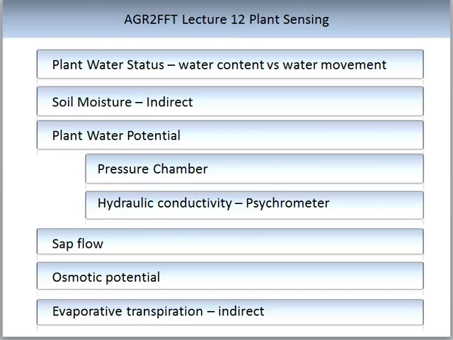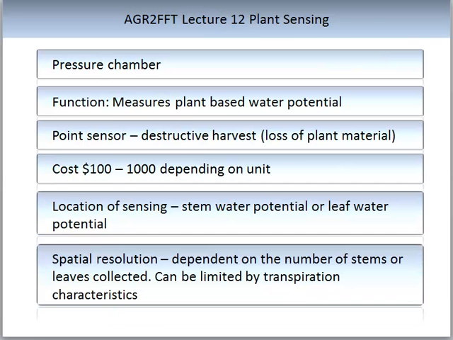And the last measurement of plant water status is indirect, that of evaporative transpiration. The equipment required for this are weather stations, which we have discussed previously in this lecture, and a suite of algorithms which connect the theory of how much water a plant has used in any one particular area at any one particular time. The pressure bomb is a machine that can measure plant water potential.